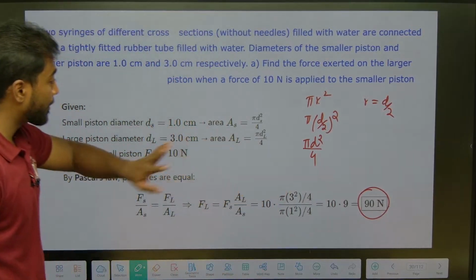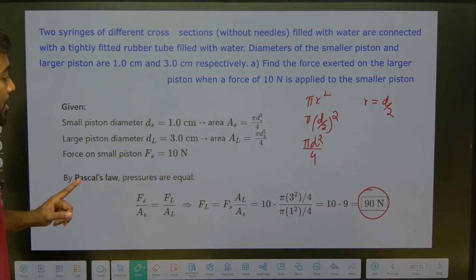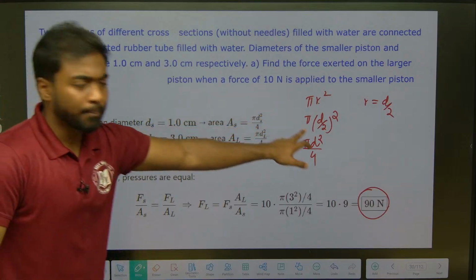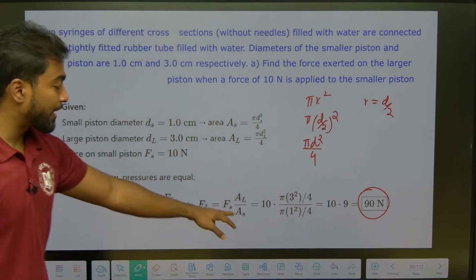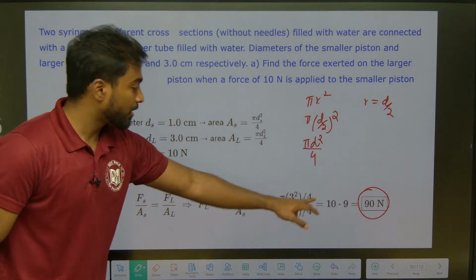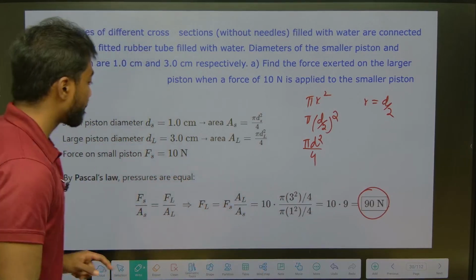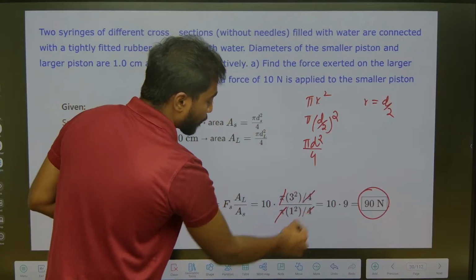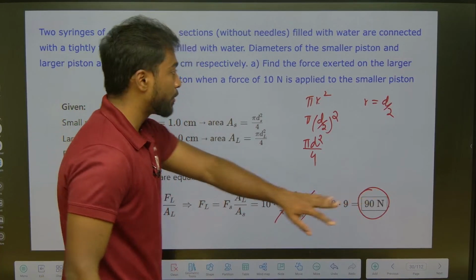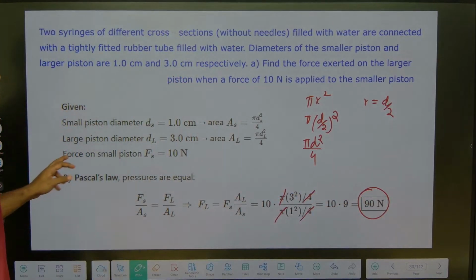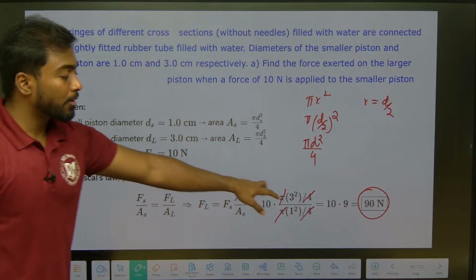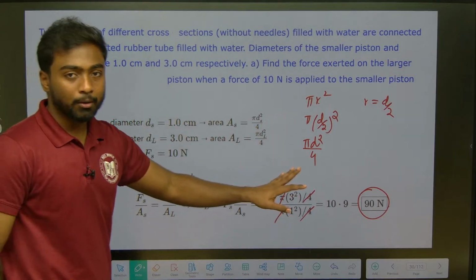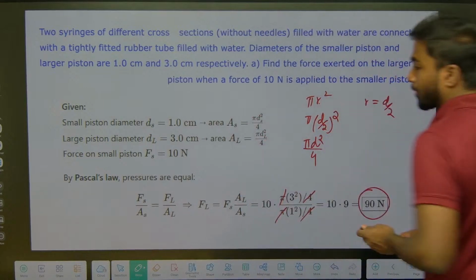I can use it as it is, no need to calculate pi. When I use the ratios, pi and pi get cancelled, and 4 and 4 also get cancelled. So 3 square is 9, and 10 into 9 is 90 Newton. So when 10 Newton is applied on the smaller piston, 90 Newton is exerted on the larger piston. Got it?